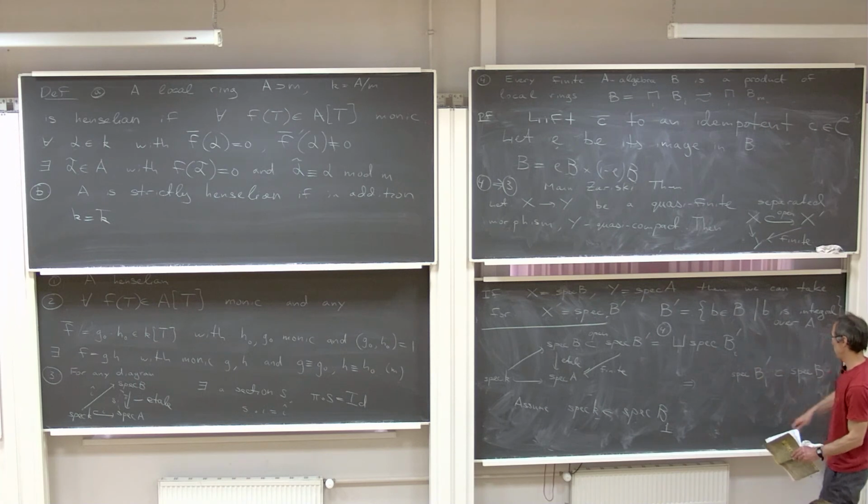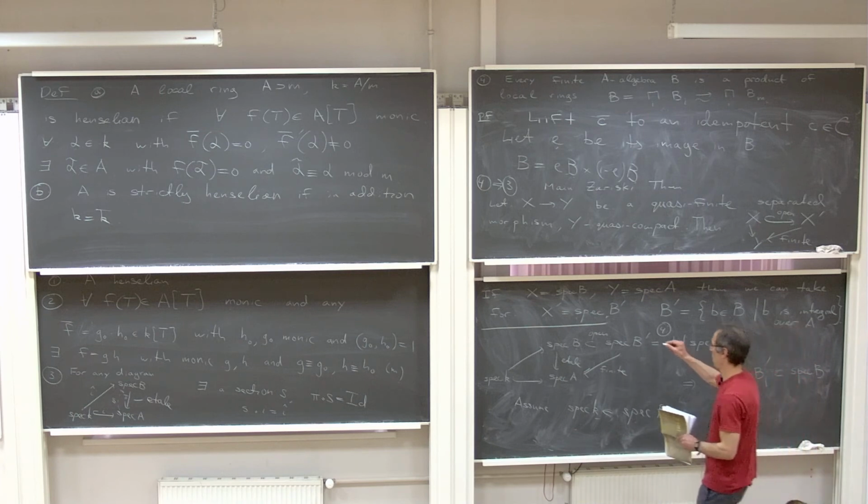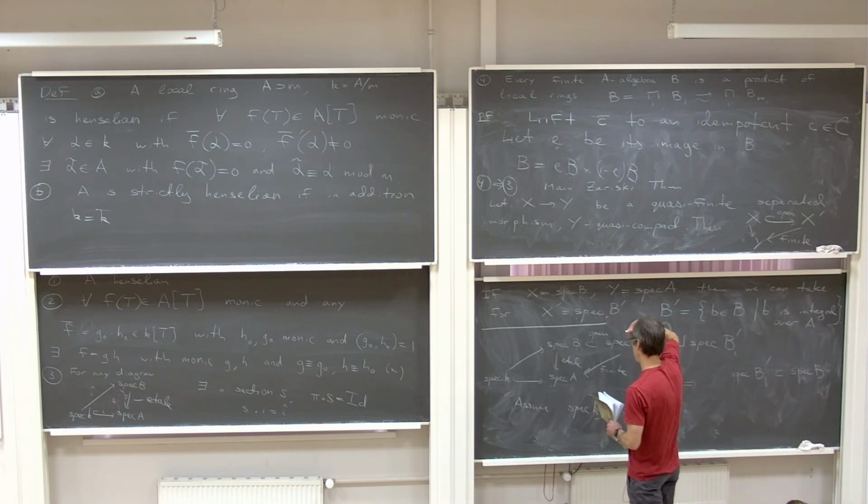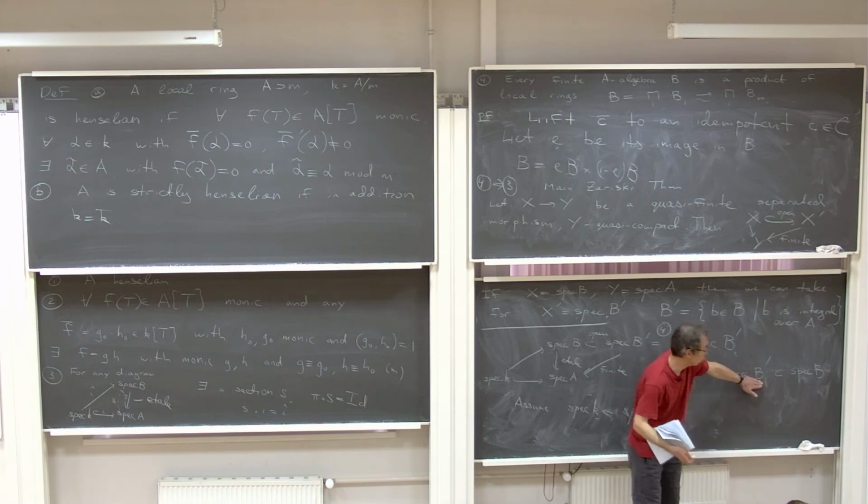And what else do I need to say? Do I have to find it? Just one second. So I need to say that my B, right, and this is local.